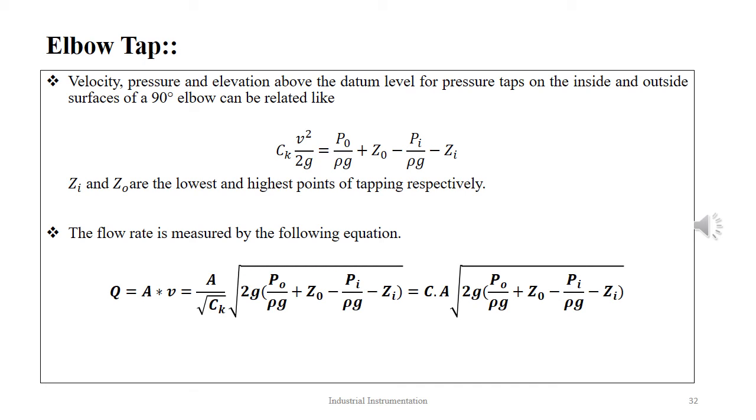The flow rate is measured by the following equation: Q equal to A into V, which gives us A by under root Ck into under root 2g (P0 by rho g plus Z0 minus Pi by rho g minus Zi), which gives us C dot A into under root 2g (P0 by rho g plus Z0 minus Pi by rho g minus Zi).